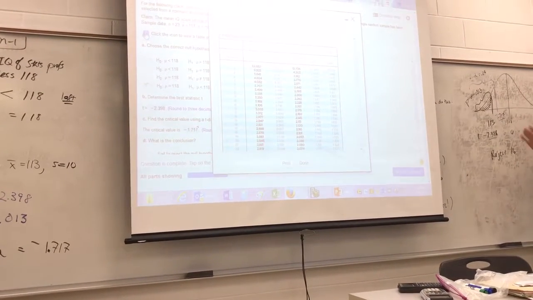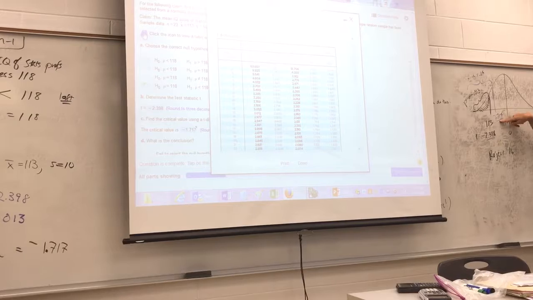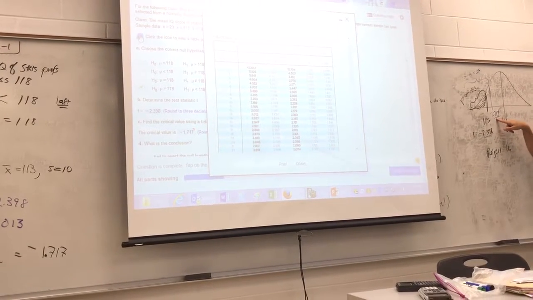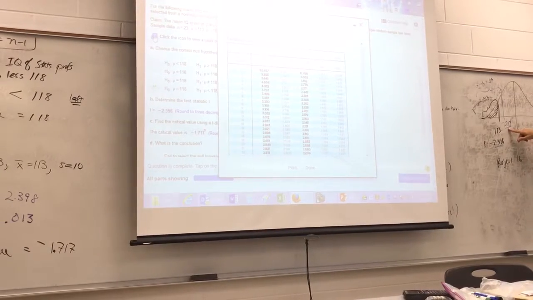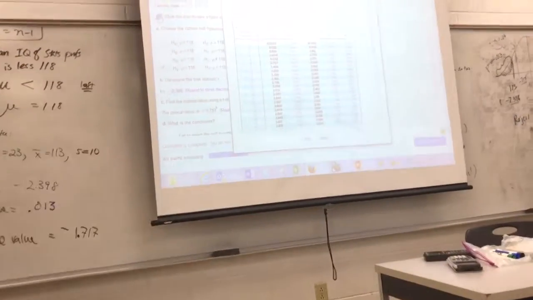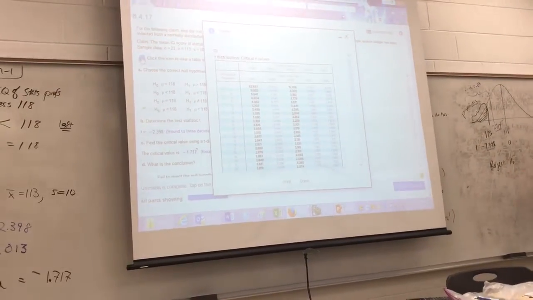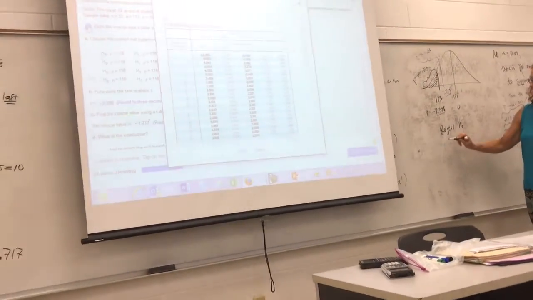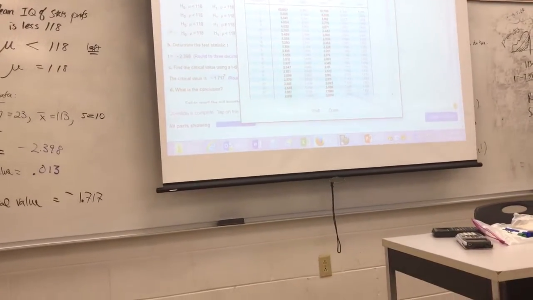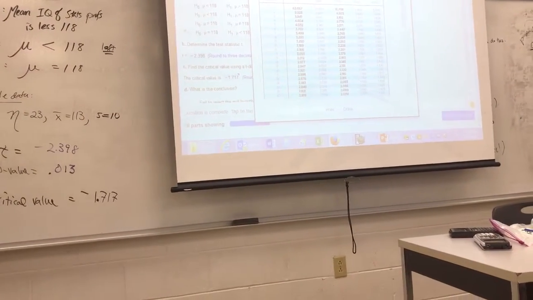I should have drawn it further out. And the cutoff for what's too unlikely is beyond negative 1.717, that's what the critical value tells us. So it's just another way of making the same decision that it's too extreme, reject H0, support H1. It's just comparing numbers on the number line as opposed to areas.